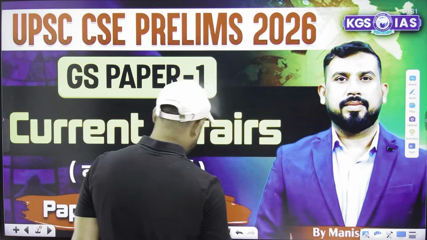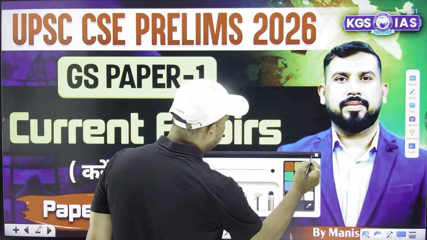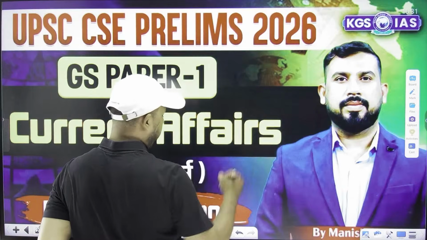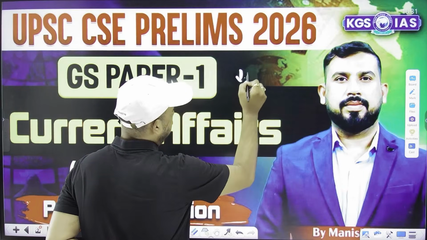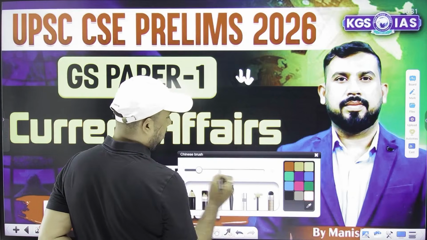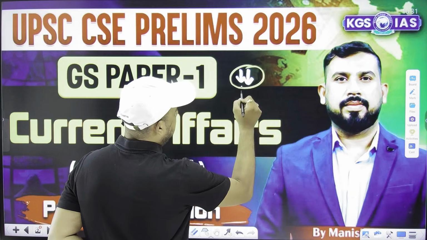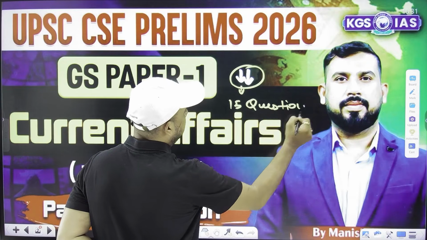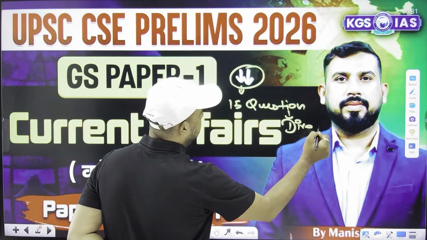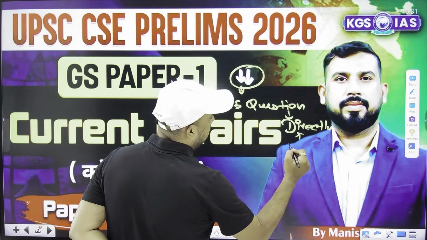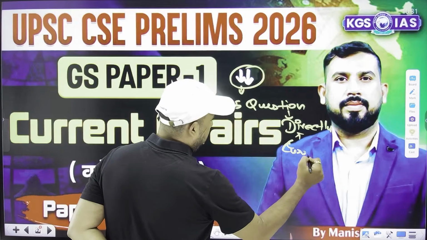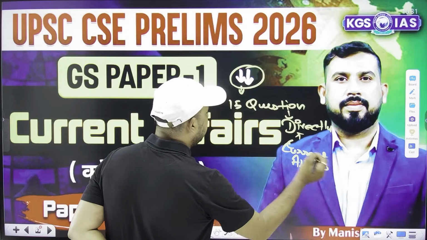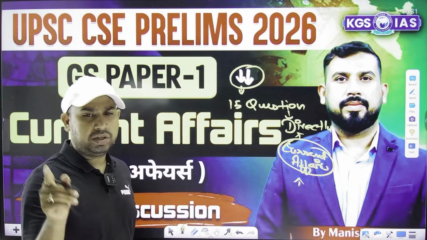As you go through the prelims paper, you will find that there are several questions interconnected with current affairs, and more than 15 questions are directly related with current affairs, which was already given in the syllabus of the prelims in the first line.